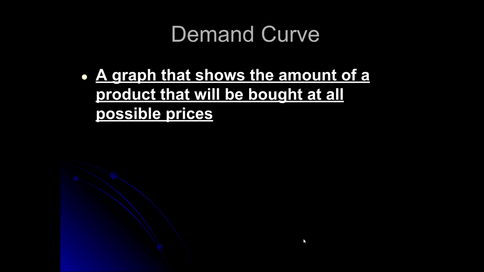A demand curve is kind of like a demand schedule, but instead of being on a table, it's going to be a graph like you would find in algebra class. This graph will show the amount of a product that we bought at any possible price. So on your graph, go ahead and chart the points you made from your demand schedule.